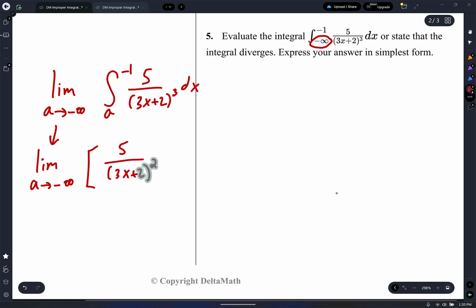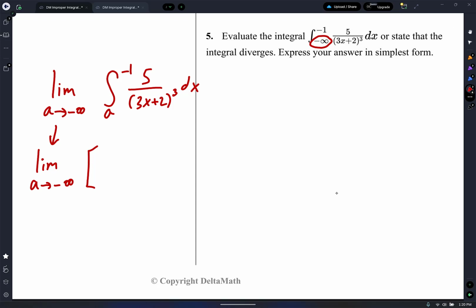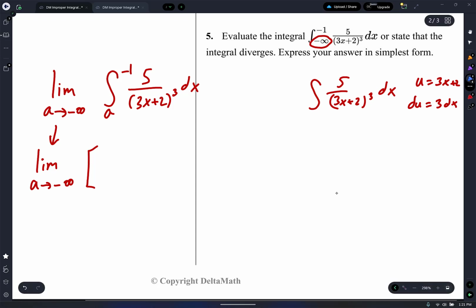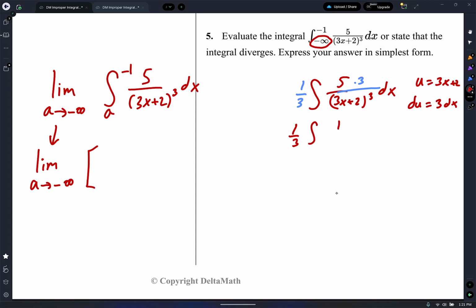All right, let's go to the side. Integral 5 over (3x plus 2) to the third power dx. I'm going to go u equals 3x plus 2. du equals 3 dx. So I'm going to insert a 3 in the top times 3, put a 1/3 on the outside. So 1/3 integral of, oh, that 5 is still there, right?